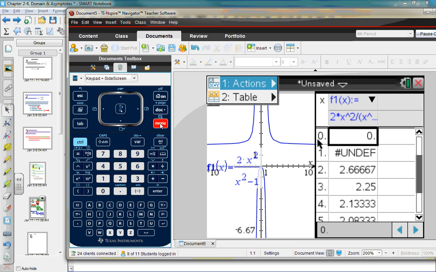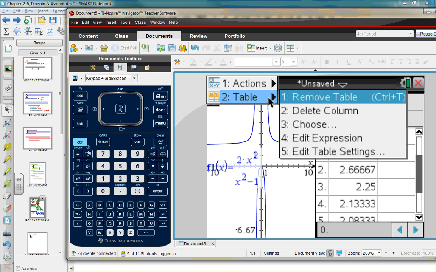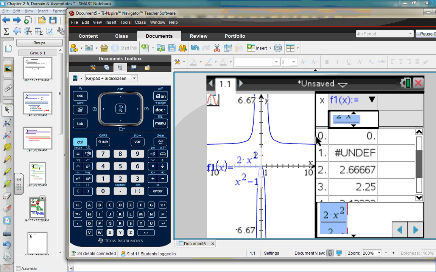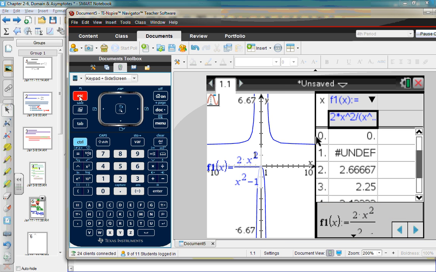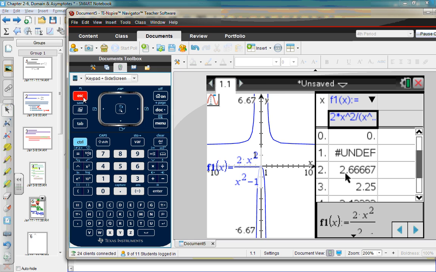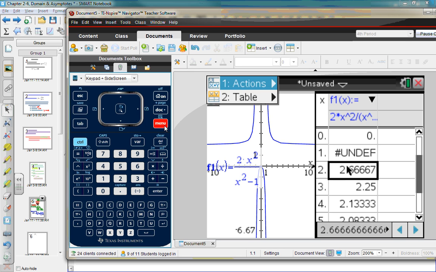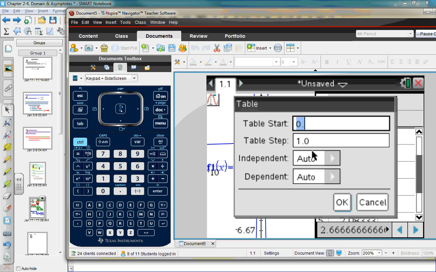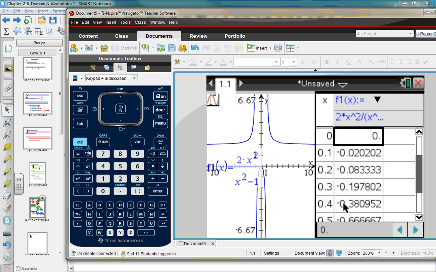Okay? And I can actually hit Control-T, and I can look at my values between 0 and 1, and I could change this table, edit table. Menu, table, edit table settings. I want it to start at 0, and I want it to go by 0.1s, and hit OK. Look what's happening.